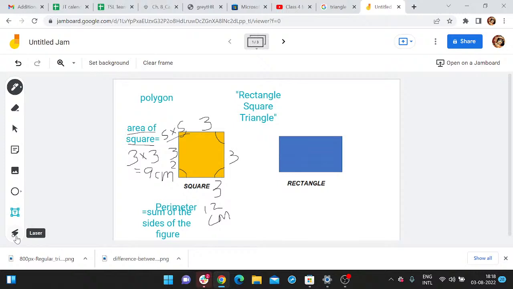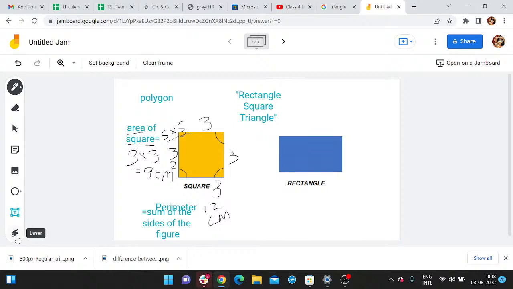Once you have done it, then you can explore its area and perimeter, because every figure has its area and perimeter. Just like we found for the square, the area of the square had the formula side times side. The perimeter for that figure was the sum of the lengths of all the sides.